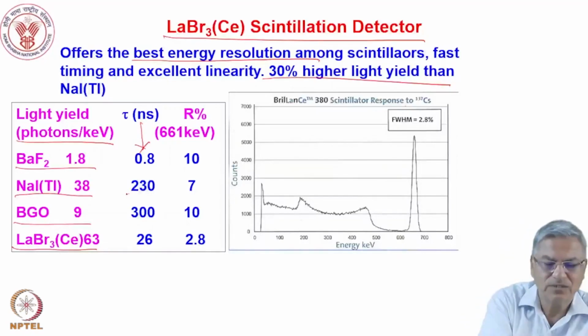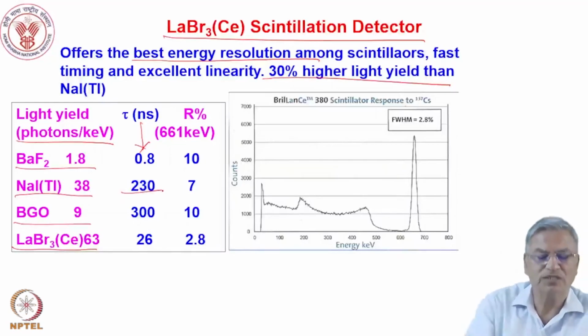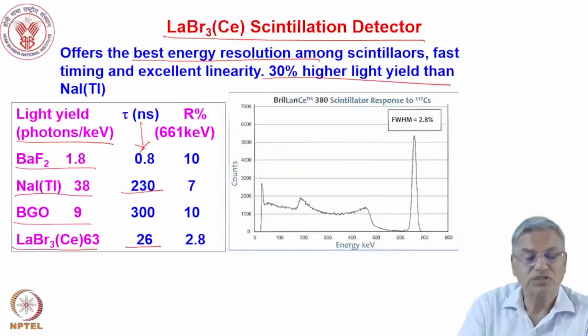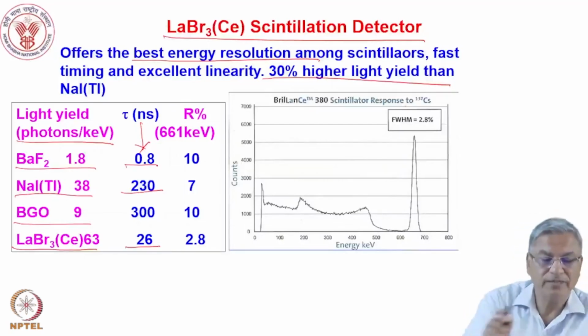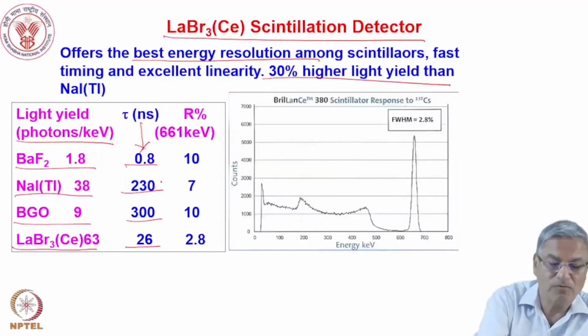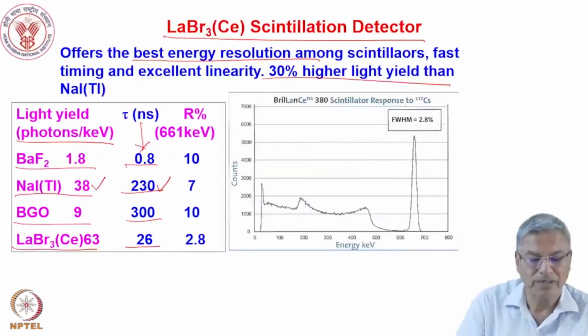I was telling that this for sodium iodide thallium is 230 nanoseconds, for lanthanum bromide 26 nanoseconds, barium fluoride 0.8 nanosecond, BGO 300 nanoseconds. So it is better than sodium iodide thallium in terms of the fluorescence decay time as well as the number of photons per keV.